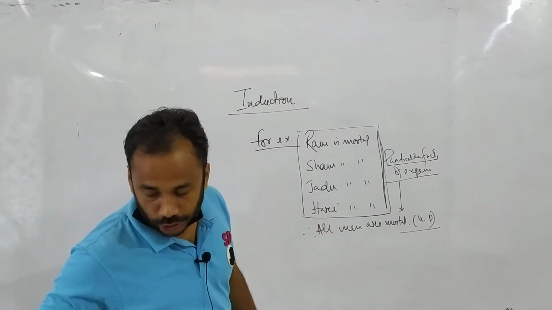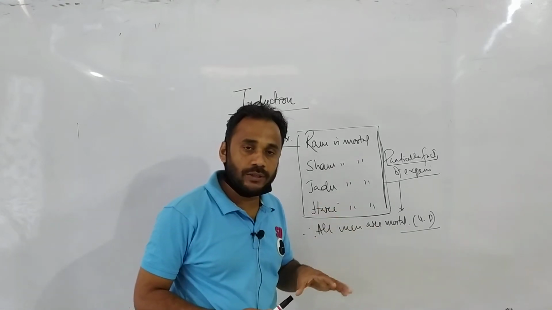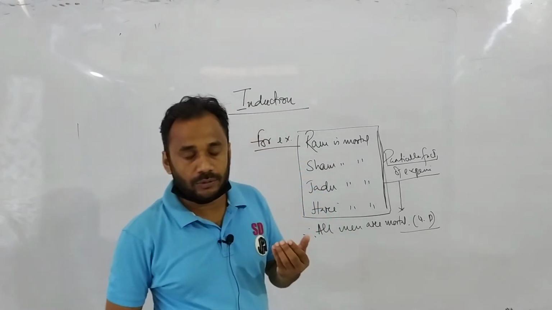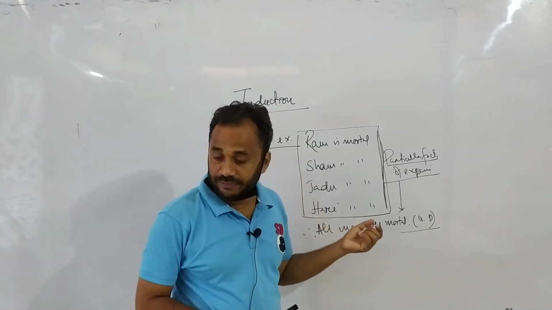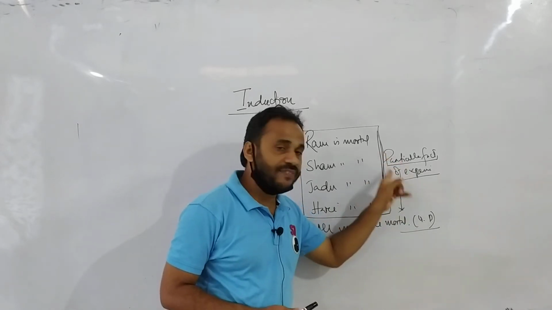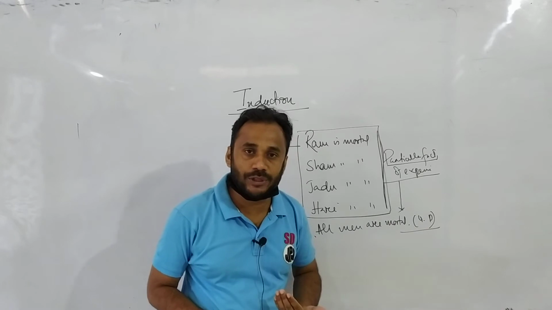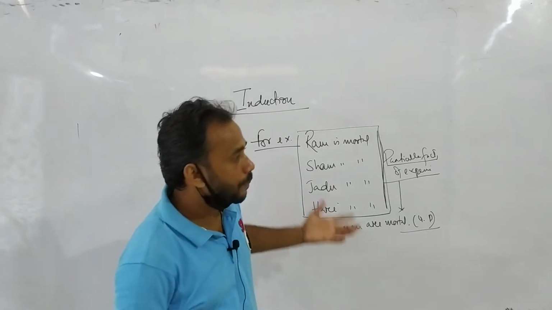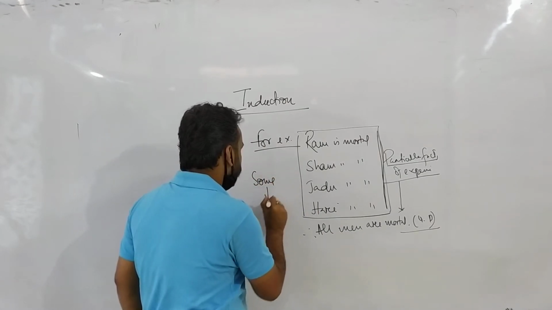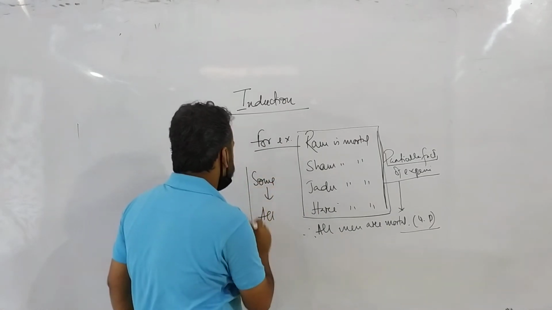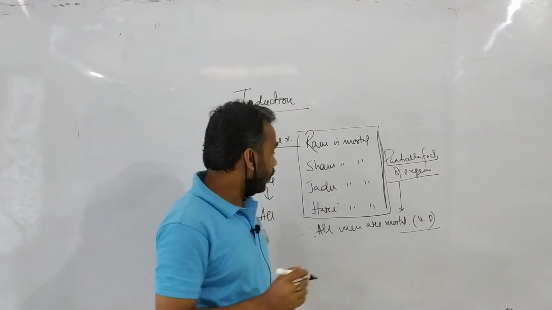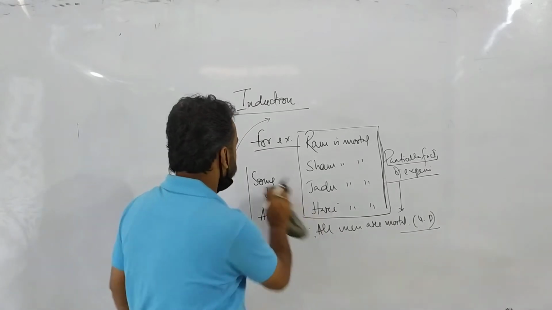Thus, one thing to keep in mind is that in induction we pass from particular facts of experience to a general or universal proposition. We pass from some to all. This process is called induction. Clear? Now, what are the characteristics of induction?